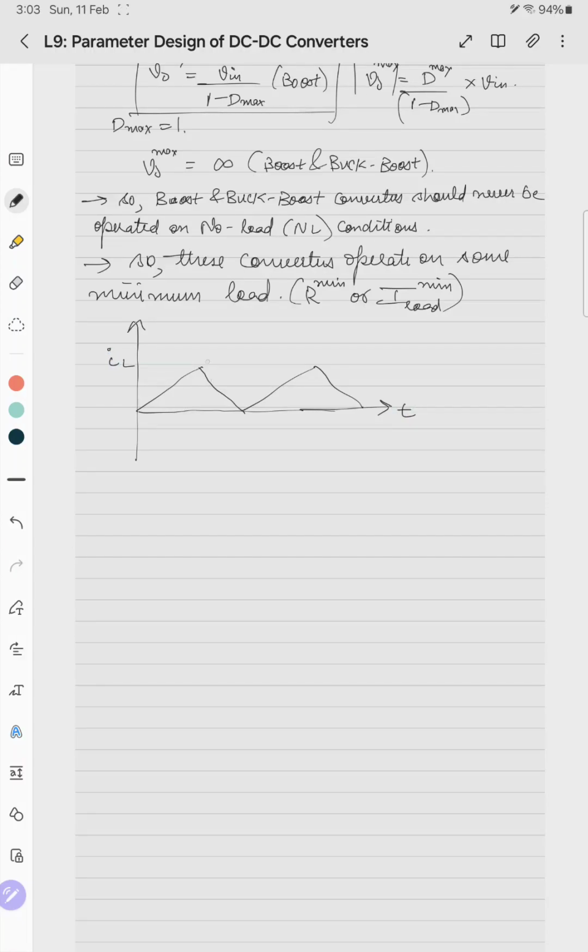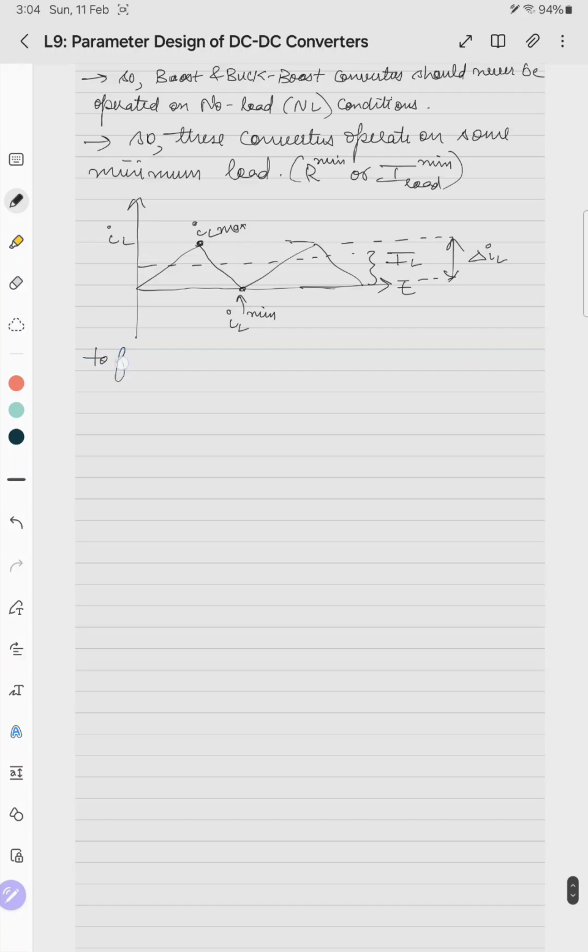This is IL, this is IL max, and this is capital IL. This is IL minimum, and this whole is delta IL, peak to peak.